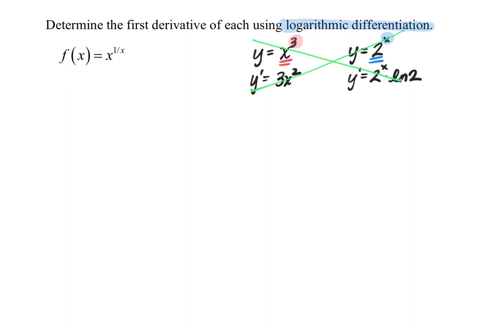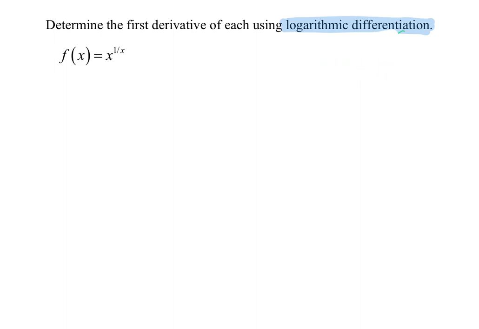We're stuck using this process of logarithmic differentiation, which I actually like a lot, so I don't feel stuck at all. Hopefully you won't feel stuck either when we're done. All right, so the first step in logarithmic differentiation is to change the f of x, and it's easier to write it as y. So y is equal to x raised to the 1/x power.